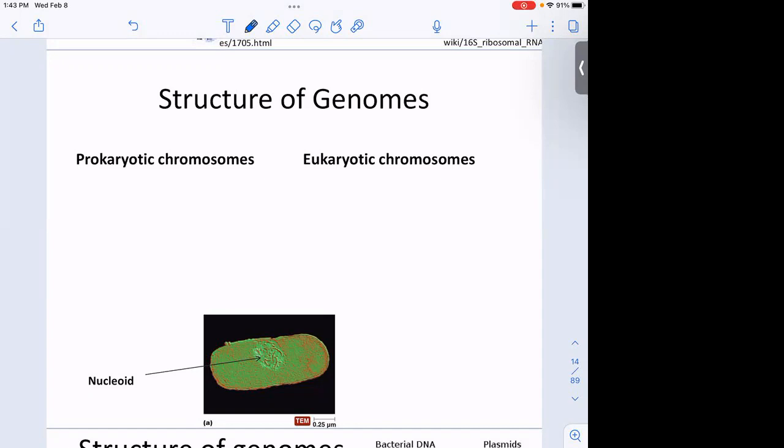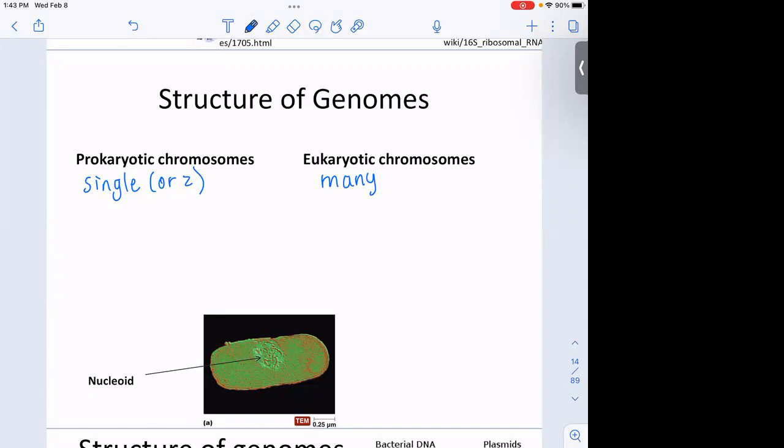Usually they're only going to have one, occasionally two, usually one or two. Whereas eukaryotes are going to have many. For us, we have 46 chromosomes. Generally, the more chromosomes, the more complex the creature, but there are a lot of exceptions to that.